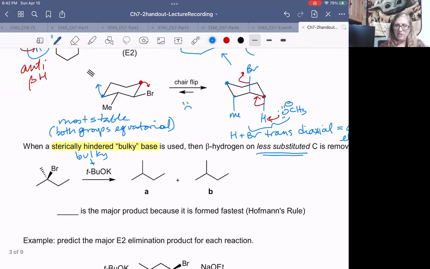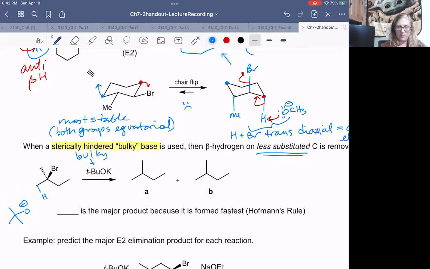What does T-butoxide look like? So the T-butyl group has a carbon with 3 methyl groups on it, right? So there's a 4-carbon group, that's a butyl group. It's called the tert-butyl group. That T-butoxy group is very, very bulky. And so what happens is, again, I could attack at this proton. Let me move this over a little bit. Let's think about our different products.